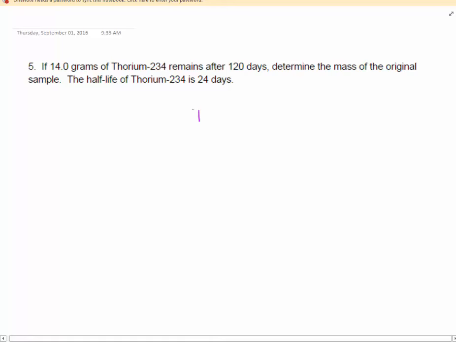So we're just going to look at time that's passed, and we'll just start here and go 0 time has passed. 1 half-life would put us at 24 days, so that's 1 half-life. And then another 24 going by would put us at 48. It's 2 half-lives. Another 24 days or 1 half-life going by would put us at 72 days that have gone by.